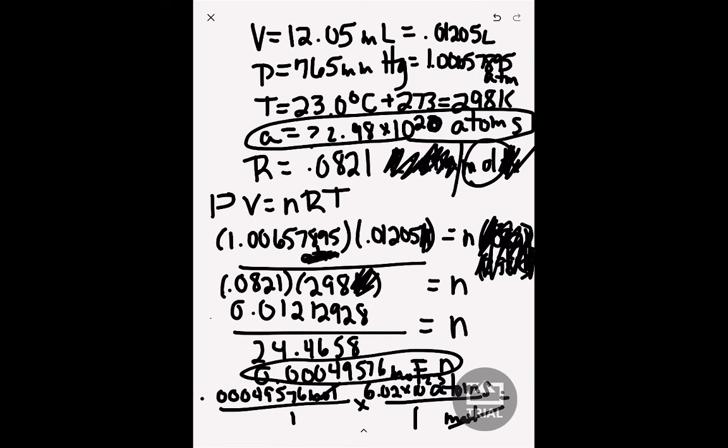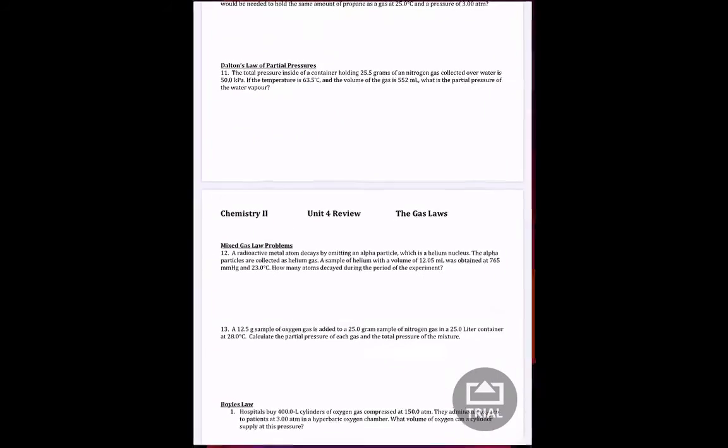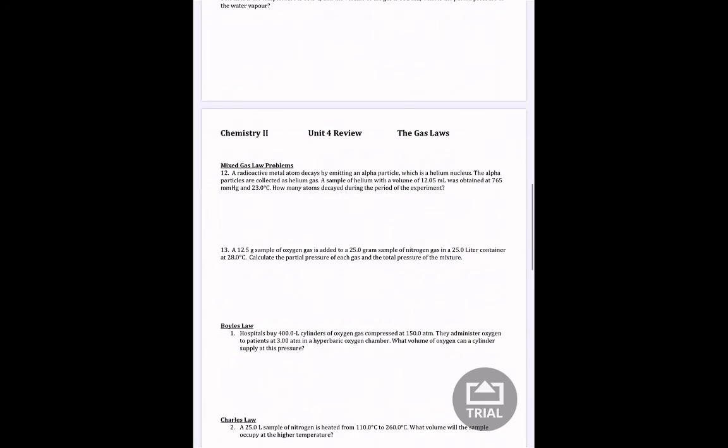One more problem to do, and then you're going to get to do some on your own. And that is this last one here. A 12.5 gram sample of oxygen gas is added to a 25 gram sample of nitrogen gas in a 25 liter container at 28 degrees Celsius. Calculate the partial pressure of each gas and the total pressure of the mixture. Okay, so obviously when we see grams there, I hope you're thinking, oh, moles. I need moles.